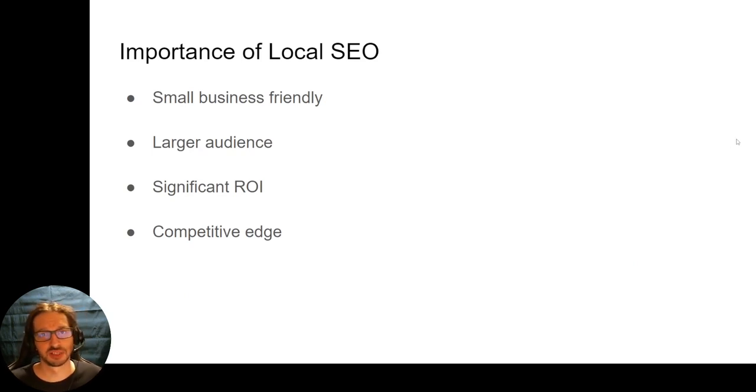So why is local SEO important? It's very small business friendly. Local SEO strategies are often more affordable and manageable for small businesses compared to traditional marketing methods like broadcast advertising or print ads. With local SEO, businesses gain visibility with a larger audience who are actively looking for the services they offer.